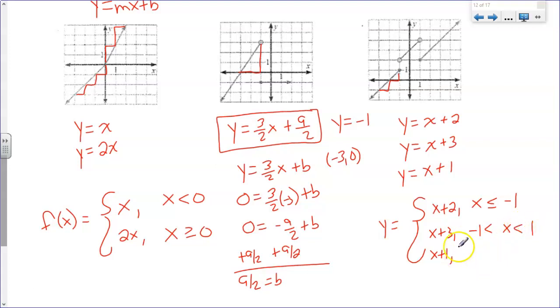Now the last one starts at 1 and goes to the right, so that's greater than or equal to, because it is closed. Now these are going to take some practice and some thought. You just need to remember, go left to right and take them one step at a time.